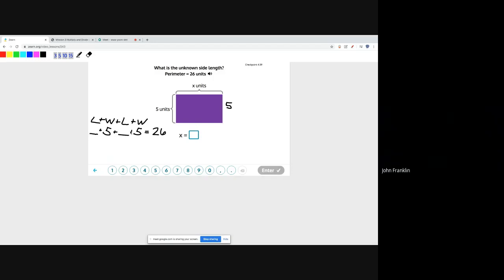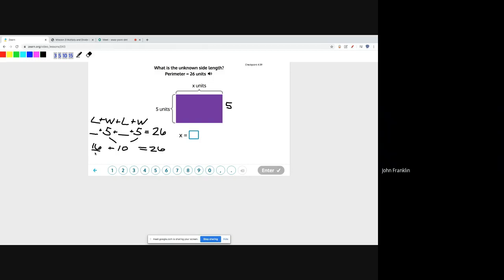I don't have this length. I don't have this length. But I know if these two equal 10, basically I'm trying to figure out 10 plus what equals 26. Okay? So 10 plus 16 equals 26.